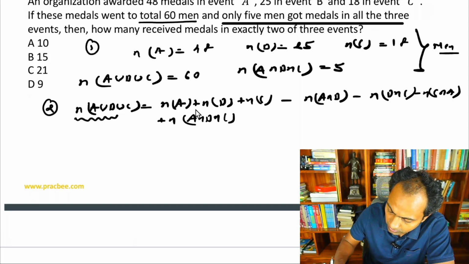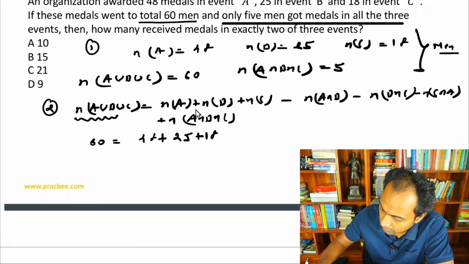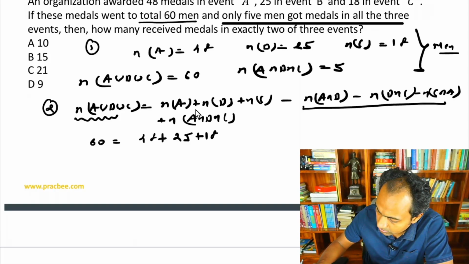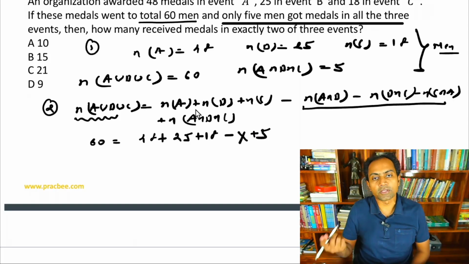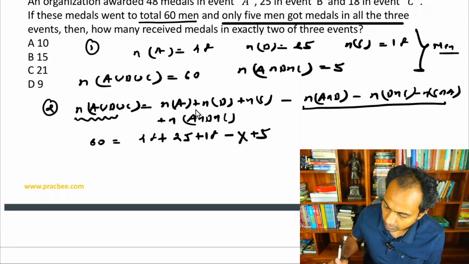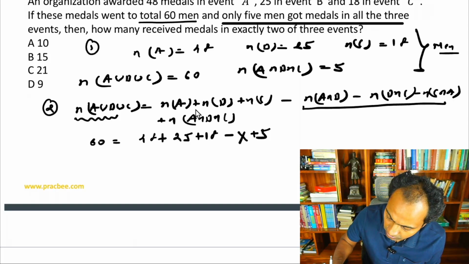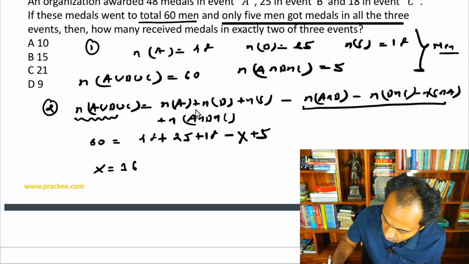So this is given to us as nothing but 60. The second thing is nothing but 48. The next bit is nothing but 25. Next value is nothing but 18. We want this value. So let us write this as y. Let us write this as x. And then the total elements that is given in all the 3 categories is nothing but 5. Let us simplify. If you simplify, the value of x from here comes out to be 36.